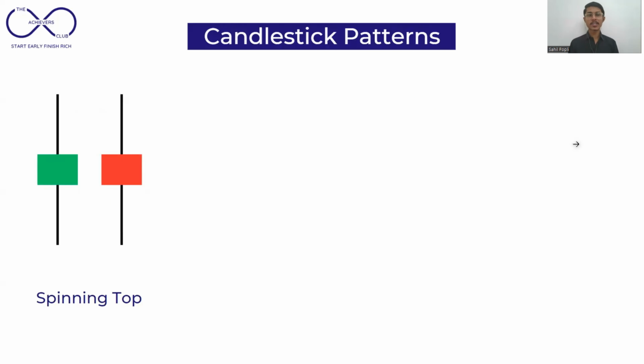Next is the spinning top. This is one of the most interesting candlestick patterns among the whole bunch of candlestick patterns. It can be formed as a bullish as well as a bearish spinning top, where for that whole particular day there was very good volatility on the upside as well as on the downside. But the difference between the opening price and the closing price is very, very small.